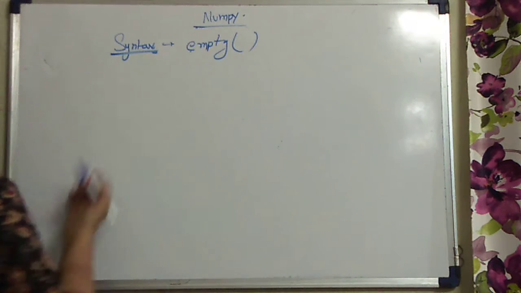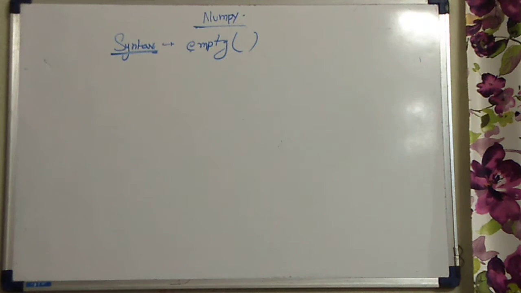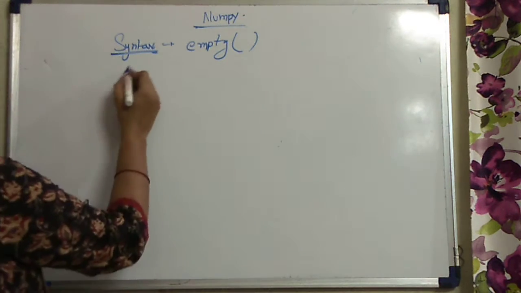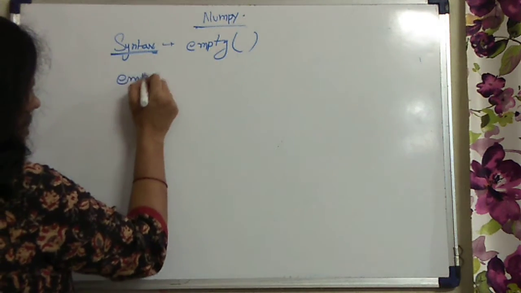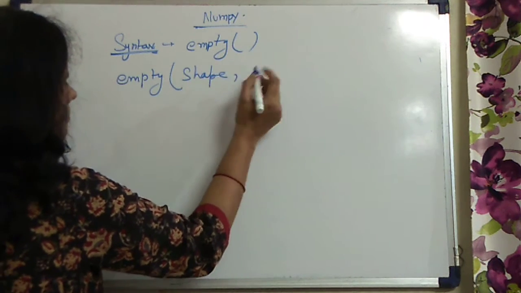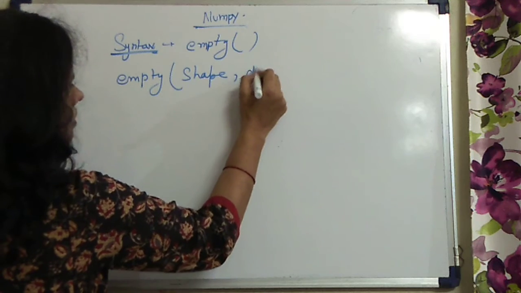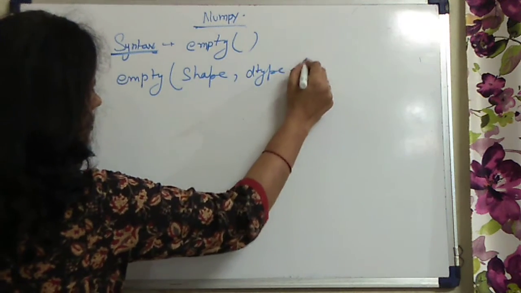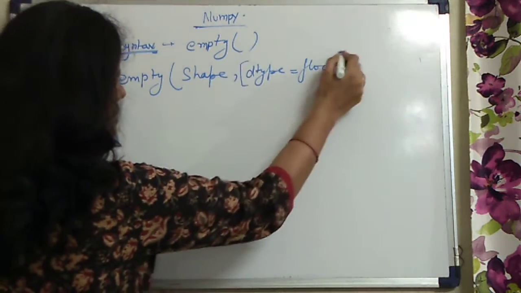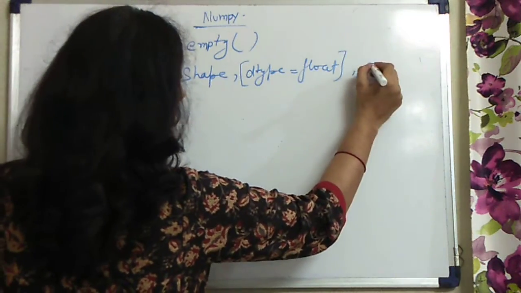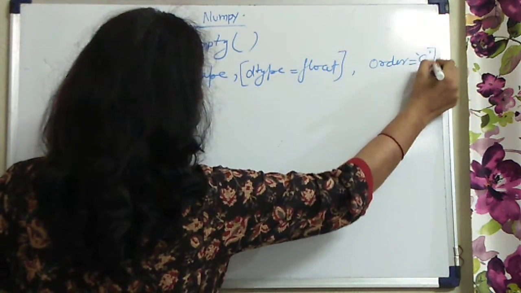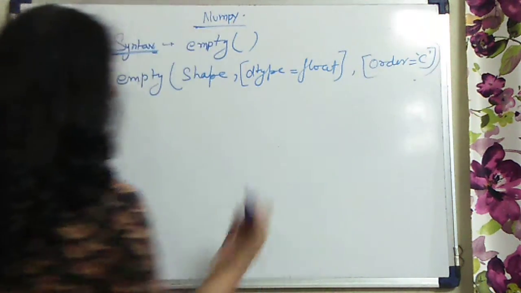The syntax is the same. The syntax of the empty function is shape, dtype equals to float, optional, and the order, the default is C. Well clear to you?